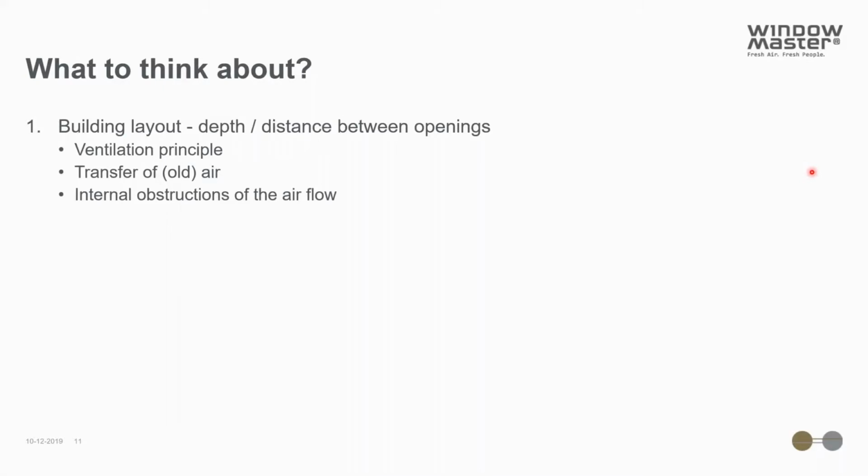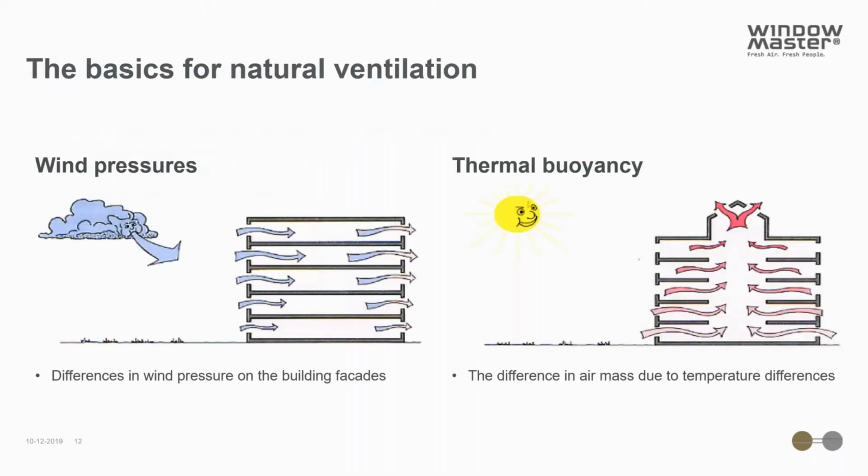What should we then think of, of course, when thinking about natural ventilation in the early design phase? And the first thing that comes to mind is the building layout simply. Natural ventilation is based on 3 different strategies.